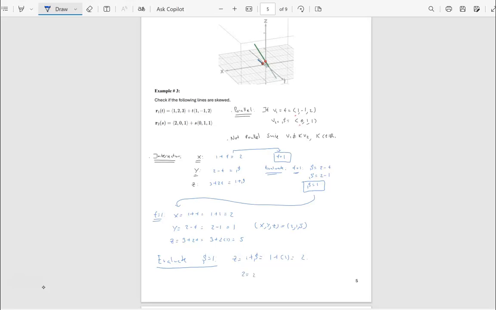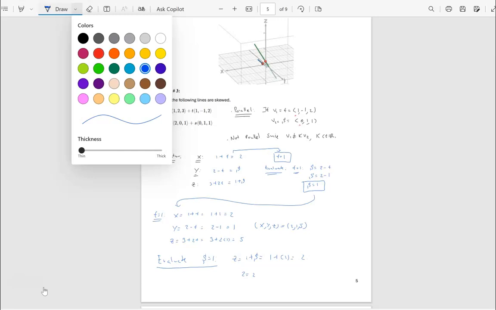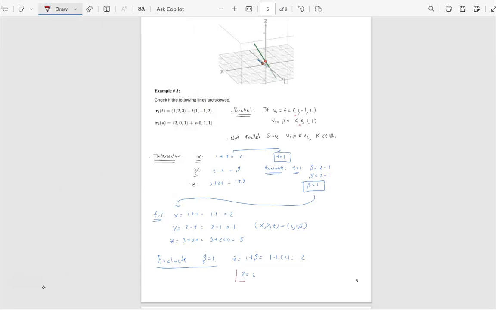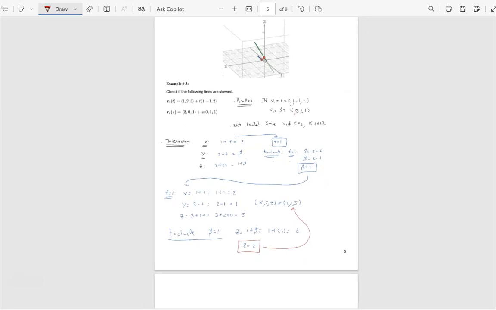So here you have that the z value is 2, and this gives us a contradiction, because we already found that your z coordinate was 5. So since we checked and the lines are not parallel, we assume there's an intersection, but we find a contradiction on the intersection. In this case, we have to conclude that the lines are skewed, meaning they're not intersecting at any point in space, and they're different lines.